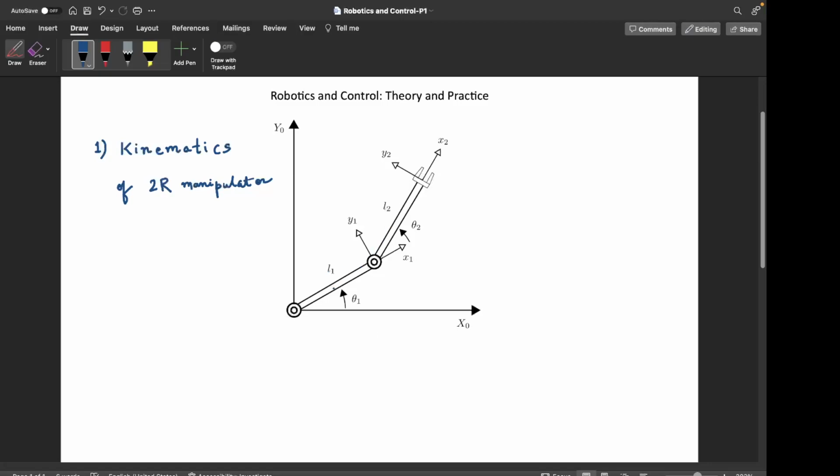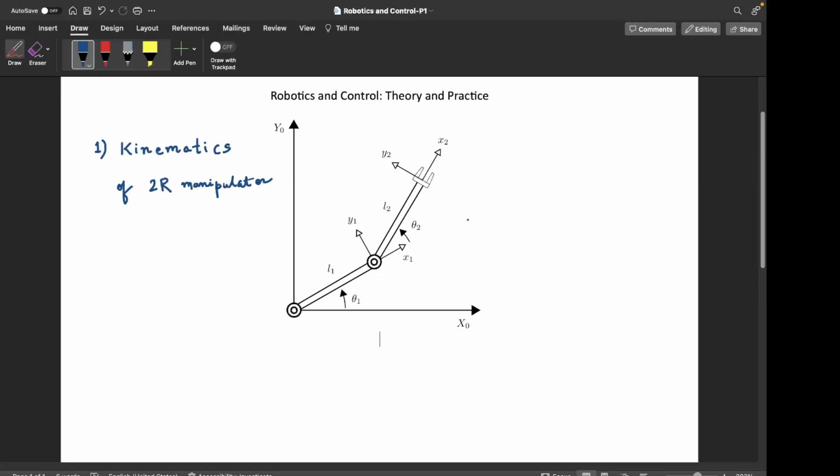So as you would remember, the process of computing the position of the end effector when the angles, that is theta 1 and theta 2, are known is forward kinematics, and when the position of the end effector is known and we have to compute the angles that the links should form in order to make sure that the end effector is at that position, that is called inverse kinematics, right?